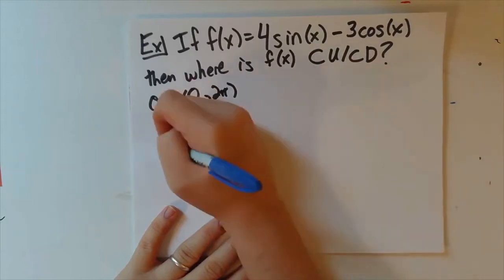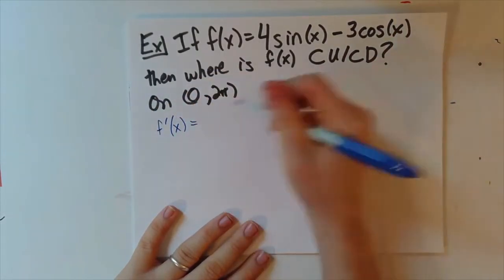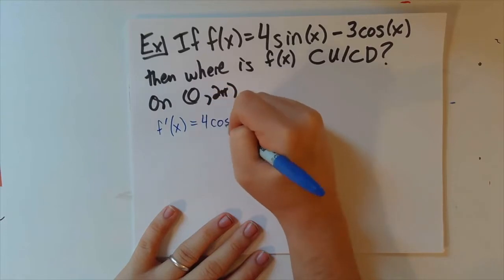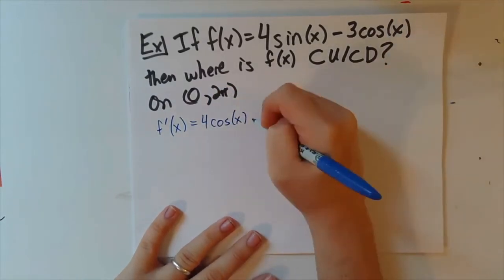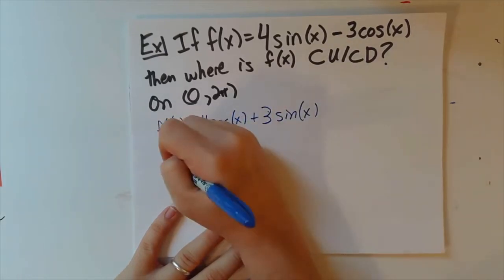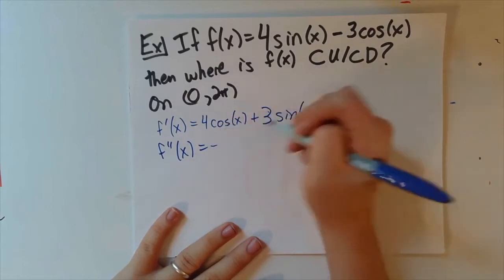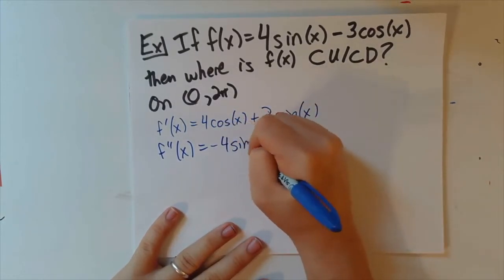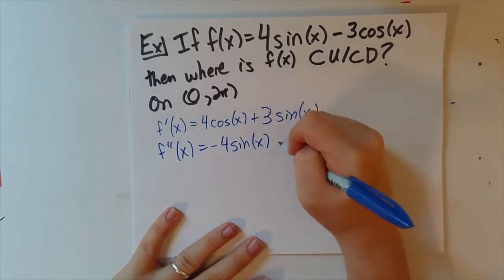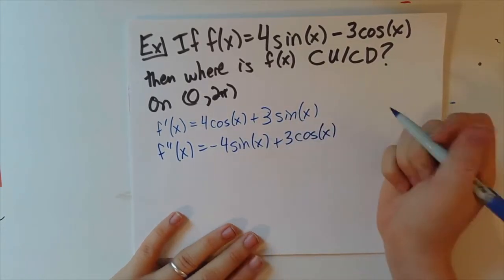Well, we need to figure out the second derivative first. So f prime of x here is 4 cosine of x plus 3 sine of x. So f double prime of x is minus 4 sine of x plus 3 cosine of x.